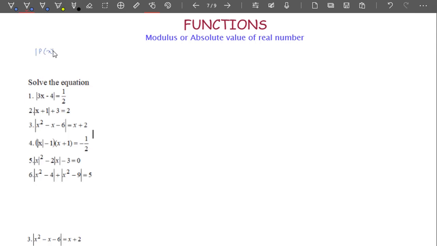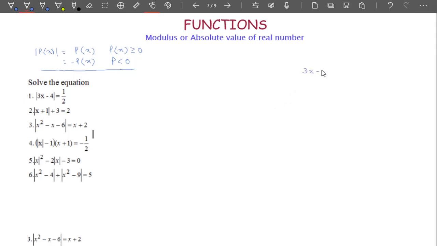Modulus of p(x) is equal to p(x) when p(x) is greater than or equal to 0, and it is minus p(x) when p(x) is less than 0. These are very important concepts. Actually, this is used in so many places of mathematics. Okay, now quickly solve these.